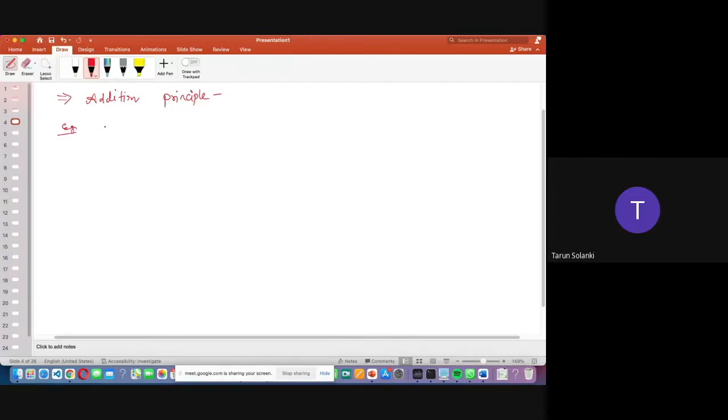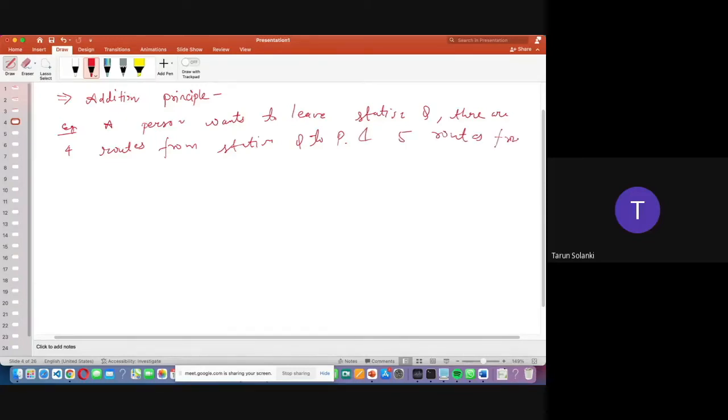You will get to know this definition like this: a person wants to leave station Q, and there are four routes from station Q to P and five routes from Q to R. In how many ways can he travel from Q?